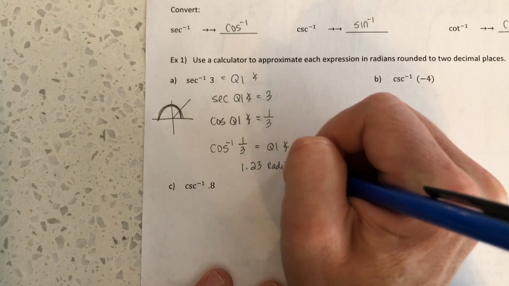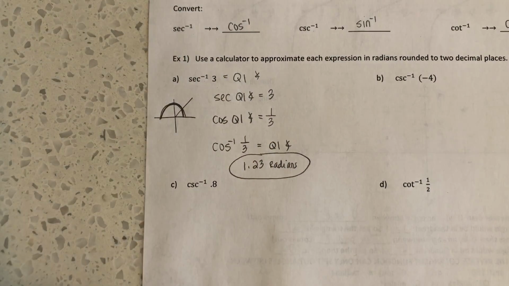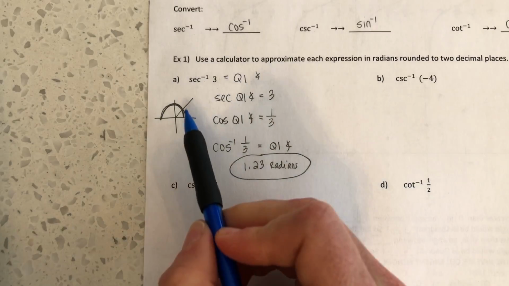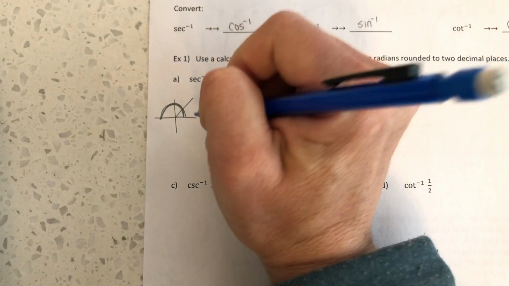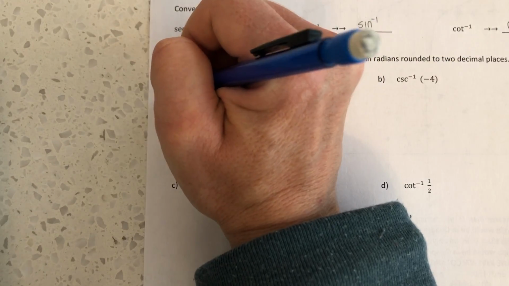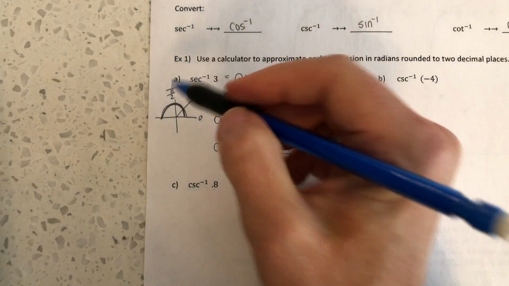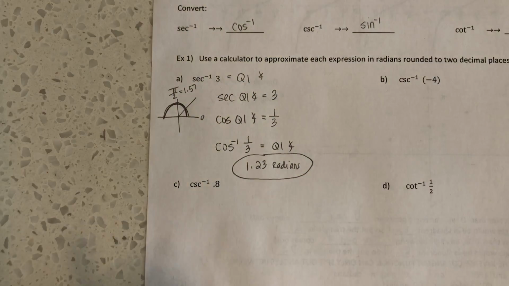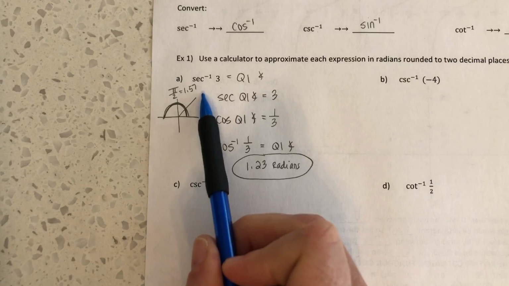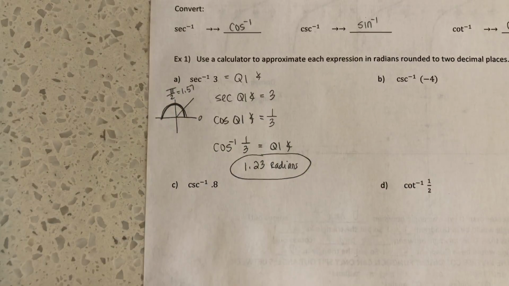I'm going to label it radians so you know. And again, if you're wondering, is 1.23 radians a quadrant 1 angle? Well, remember, this is 0 radians. This is pi over 2 radians. Pi divided by 2, 3.14 divided by 2, is about 1.57 radians. So where's 1.23 radians? Right somewhere in between those two. So it's a quadrant 1 angle for sure.